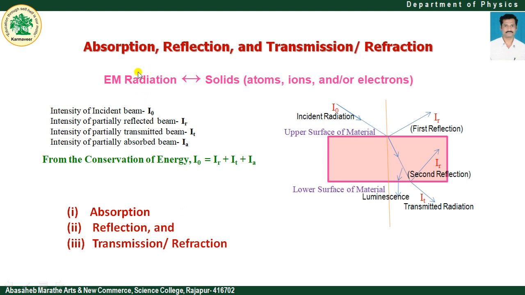Electromagnetic radiation or light is nothing but the stream of photons. So photons are electromagnetic radiation with zero mass. Again, photons have zero charge, and the velocity of the photon is always equal to c, means 3 into 10 to the power 8 meter per second. That is the speed of light.